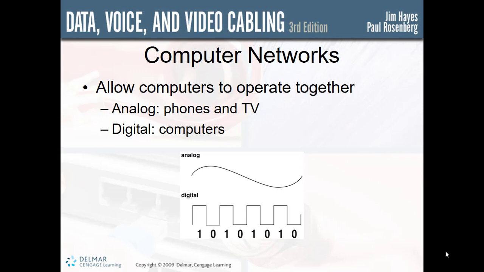Analog signals are subject to distortion and degradation by noise and attenuation. Digital signals are immune to noise and tolerate greater attenuation, simply because the receiver only needs to distinguish between a 1 and a 0, not a continuously varying signal. And besides computers, most phone signals are digitized as soon as they reach the phone company central office.